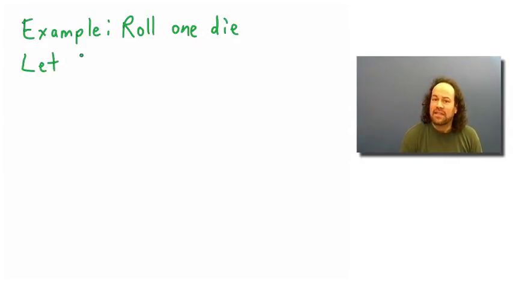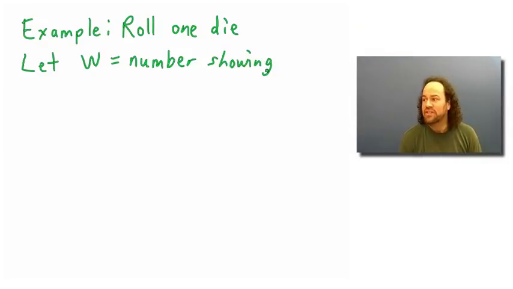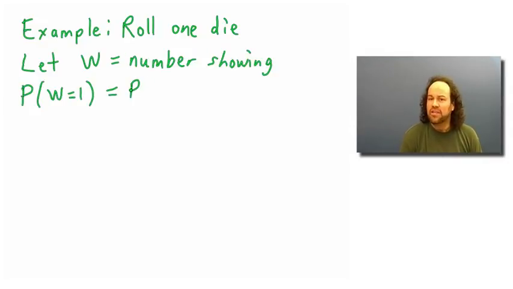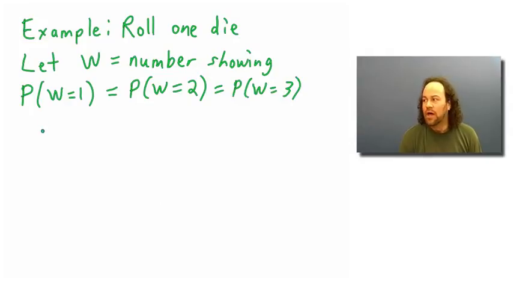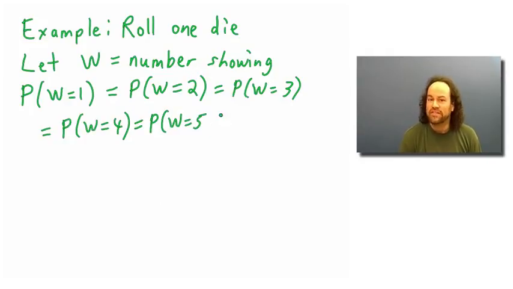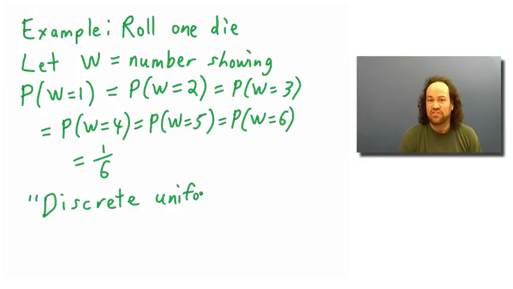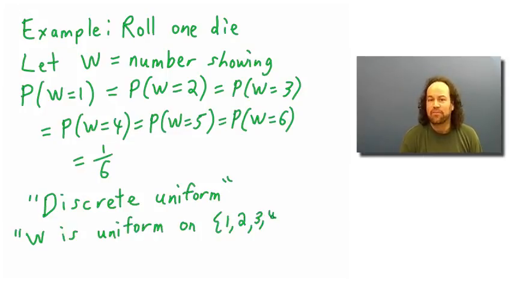So we can set this up as saying that if you roll one die, and if you let W just equal the amount that's showing on the die, then W is equally likely to be 1 or 2 or 3 or 4 or 5 or 6. Each probability is equal to 1 out of 6. We can call this the discrete uniform distribution, which is to say the probabilities for W are uniform, equally likely on the 6 points, in this case the numbers from 1 up to 6.